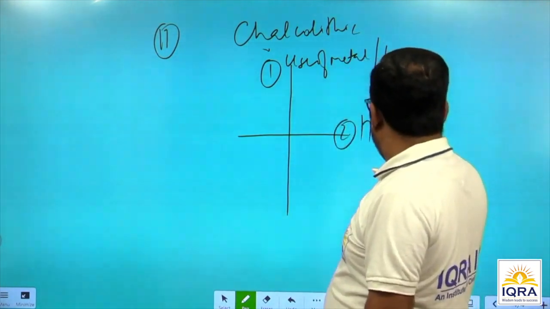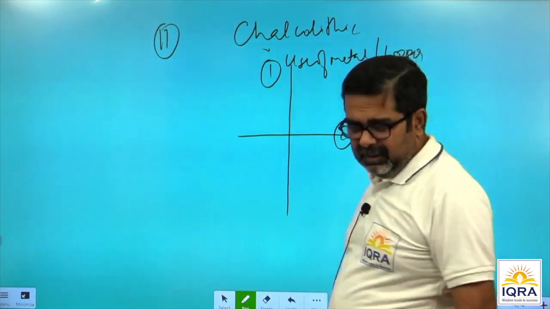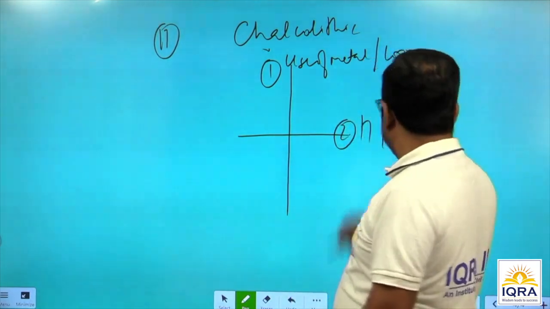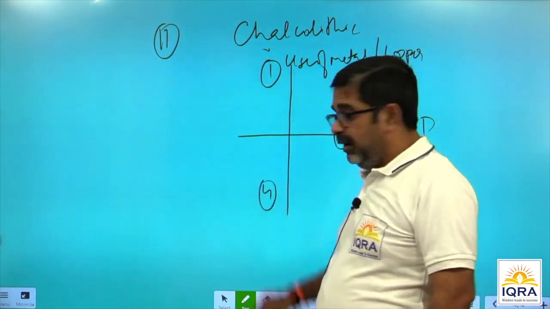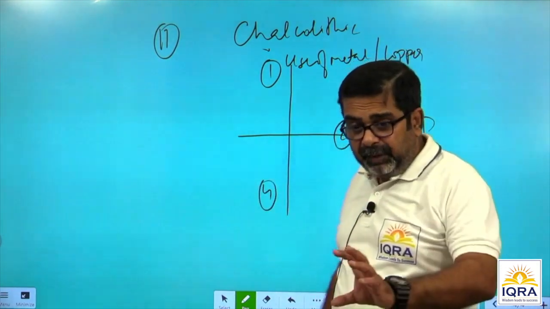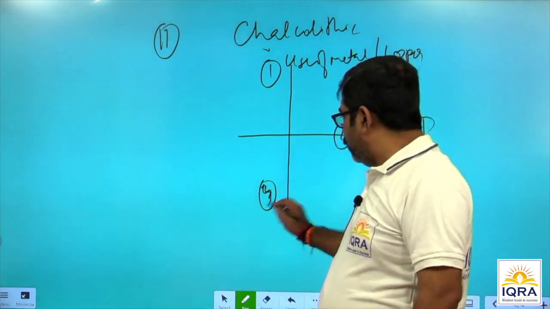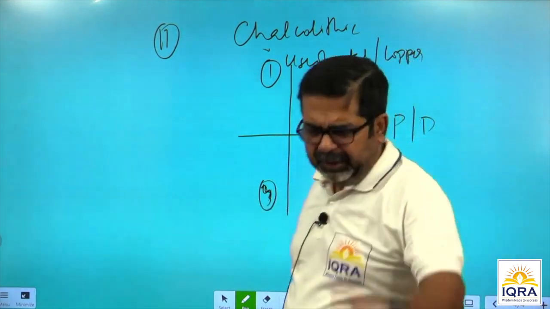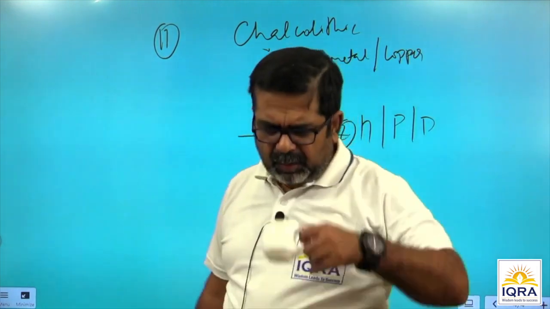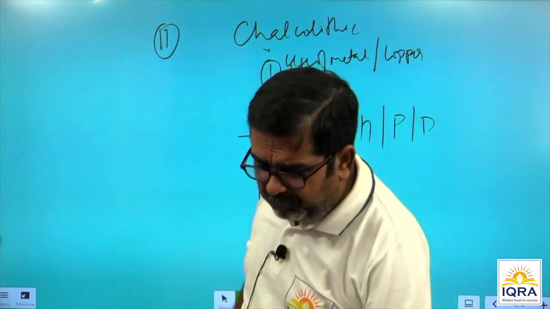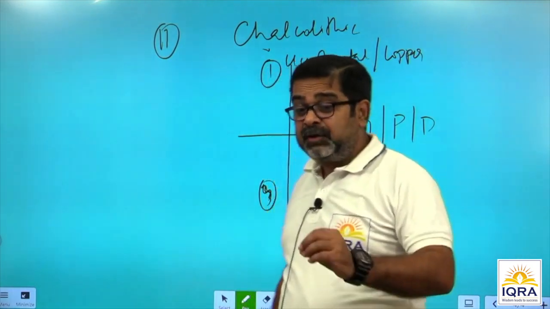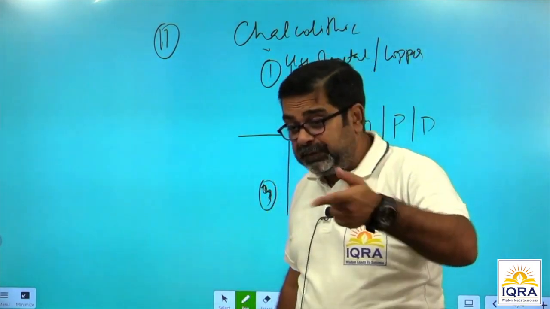Hunter, producer, domestication. But then a very important parameter which shows the human development of Chalcolithic period.